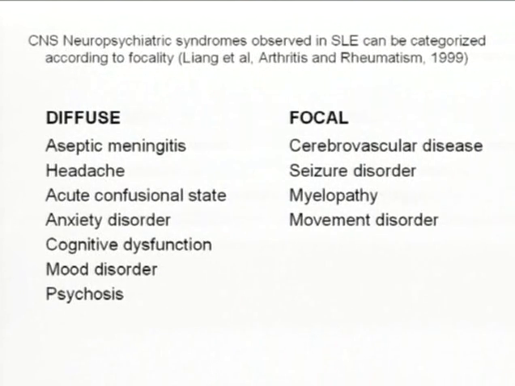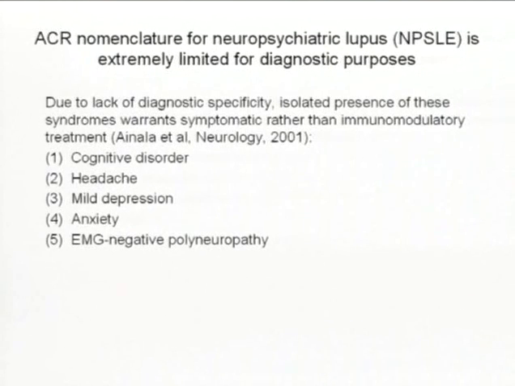In 2001, Ainiala published a study in Neurology, and what he found was that 56% of non-lupus patients without any evidence of lupus disease met one or more ACR criteria for neuropsychiatric lupus. What he recommended, and I think this is a valid idea, is that the following 5 disorders should be eliminated from the ACR classification criteria of lupus.